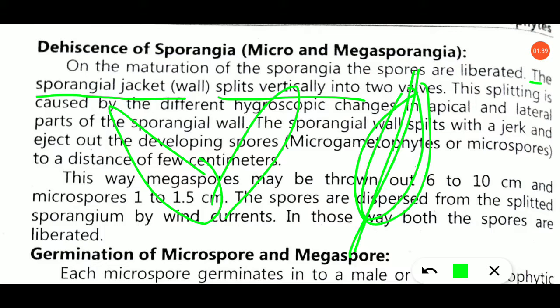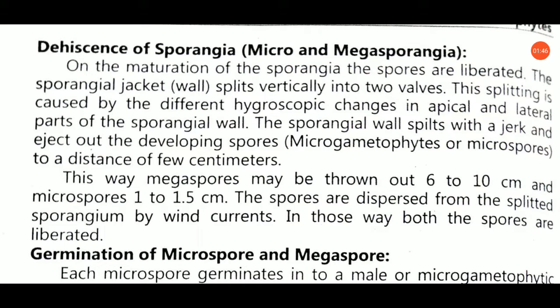This splitting is caused by the differential hygroscopic change in the apical and lateral parts of the sporangial wall.